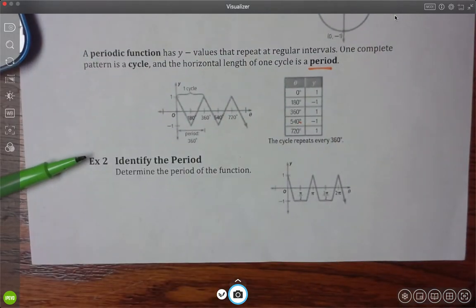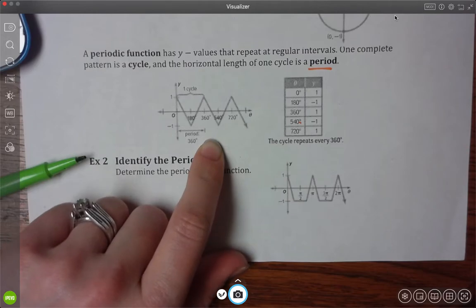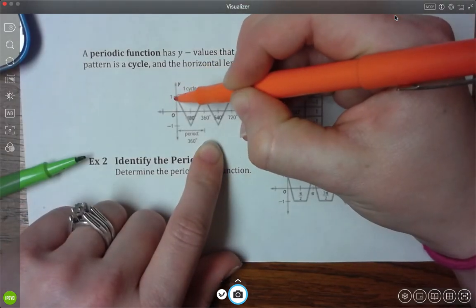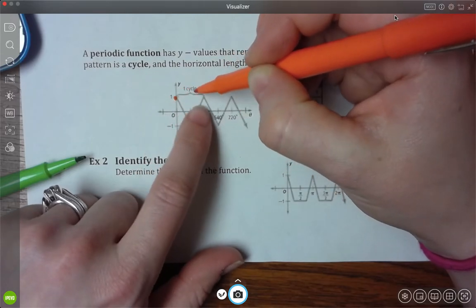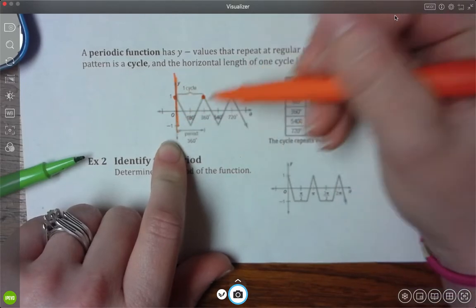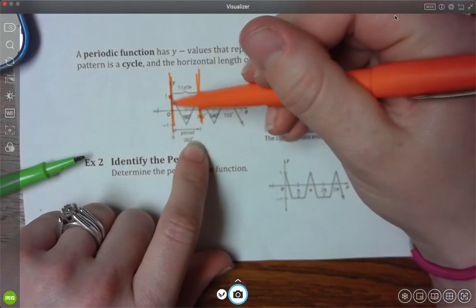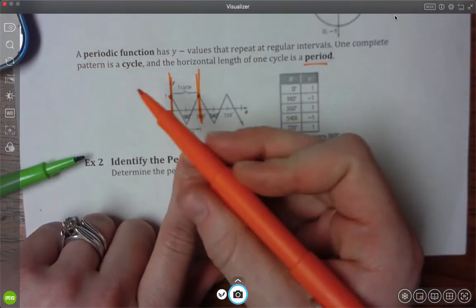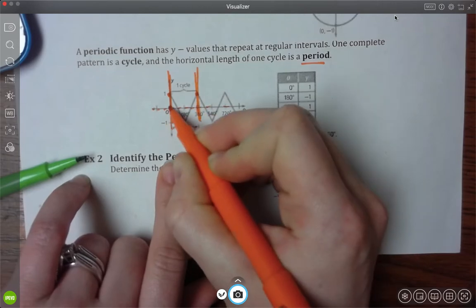So basically, with this first thing we're trying to figure out how long the period is, okay? We're starting here, and how far do I have to go in order to get back to that same spot again? If I section it off, this would be one full cycle, this little V part right here. And that one full cycle, if I look at my x-axis, is 360 degrees.